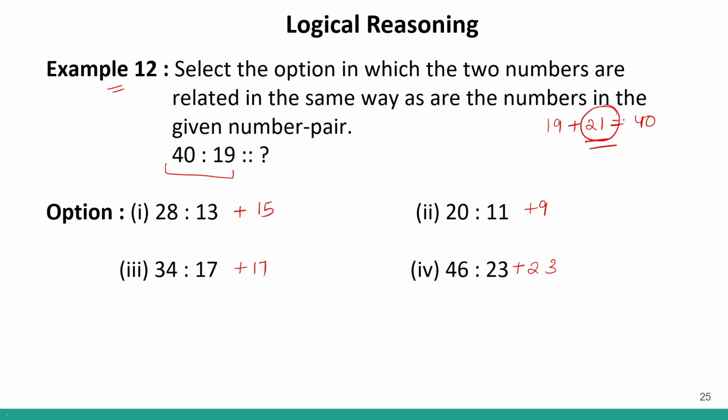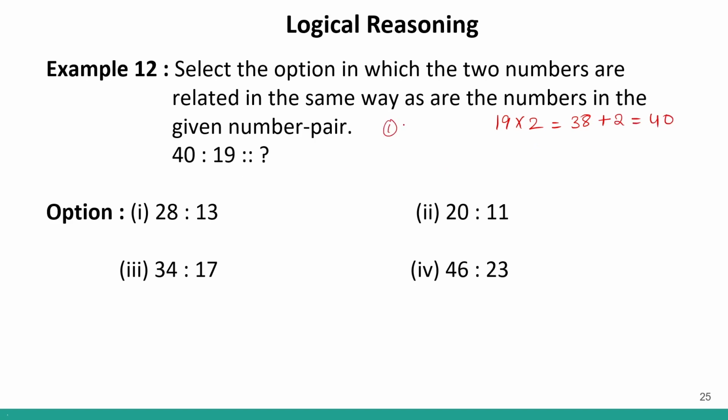There is some other logic that is being used in this question. So over here, if I multiply 19 by 2, how much will I get? This will give me 38. And if I add 2, I'll get 40. So what operations am I using? First operation is multiply by 2. Second operation is add 2.